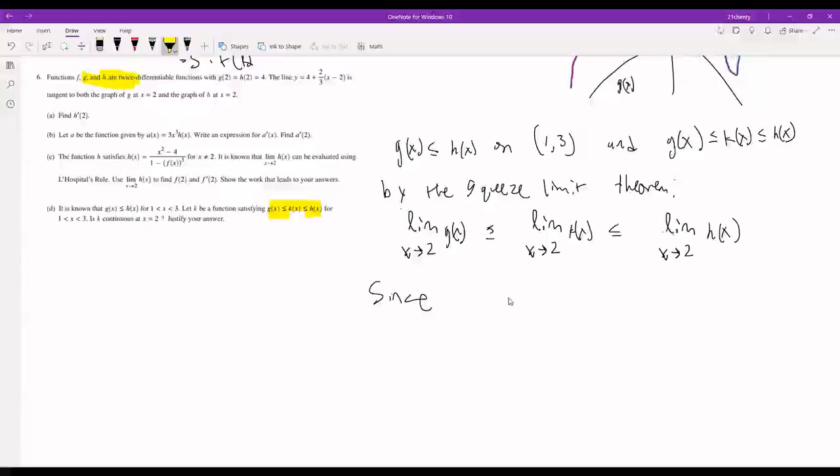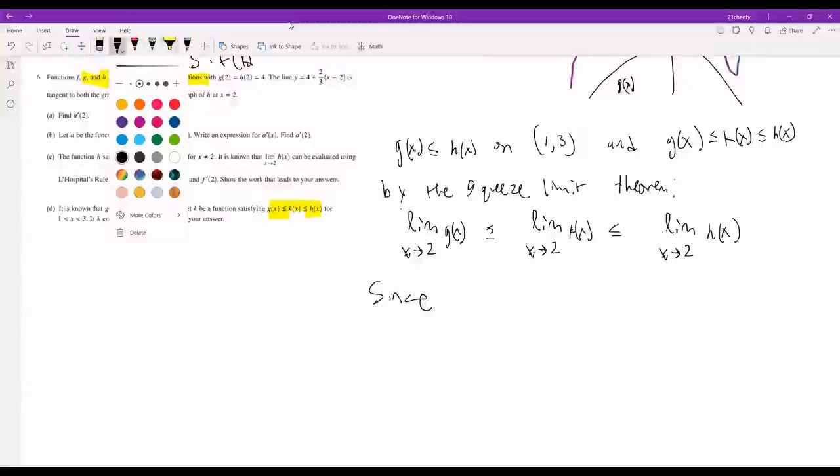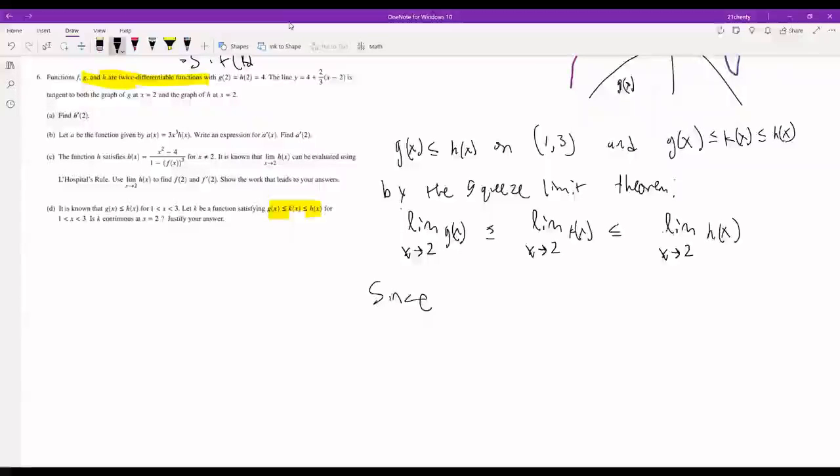g and h are differentiable functions, which again means that the limit at one point equals whatever the graph equals at that point. So since they are differentiable, they are also continuous.